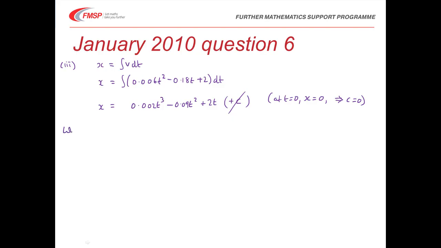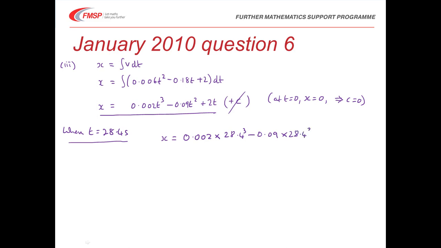Now let's put in the piece of information we know. When t equals 28.4, that's when we get to the end of the pool, and x is equal to 0.002 times 28.4 cubed minus 0.09 times 28.4 squared plus 2 times 28.4.